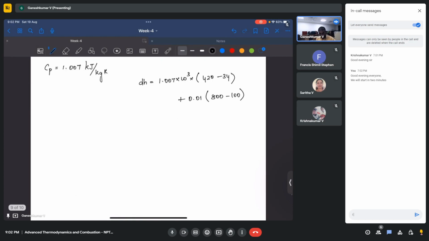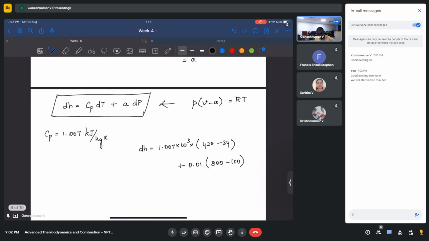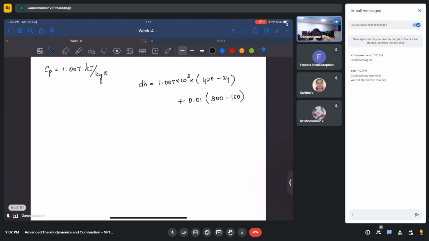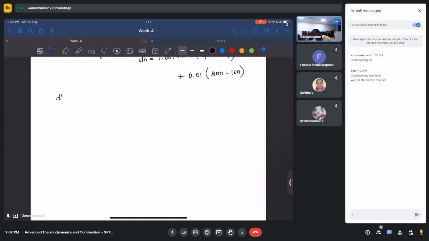So now you are able to find the change in enthalpy just by knowing P and T's. We explicitly derived dH equal to Cp dT plus A dP, which is not readily available for any gas except the ideal gas. For an ideal gas, dH equal to Cp dT. So this is the dH for this gas.